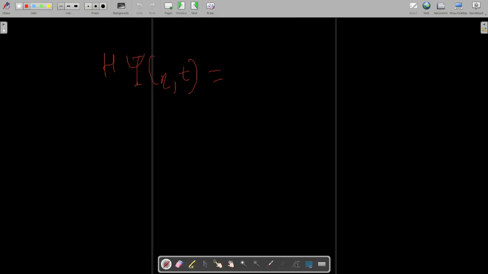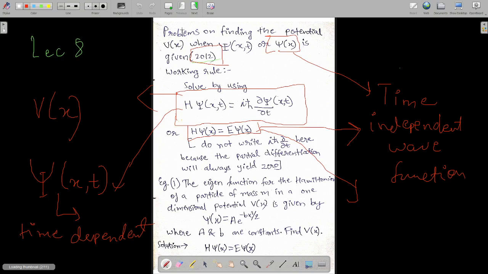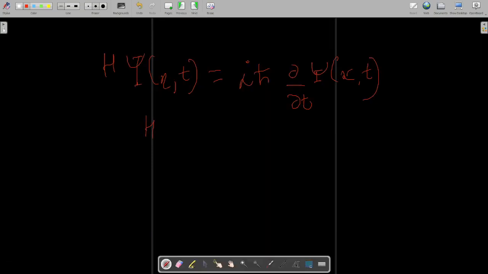And in the other case it is H psi equal to E psi, which is the formula you use when a time independent function is given.